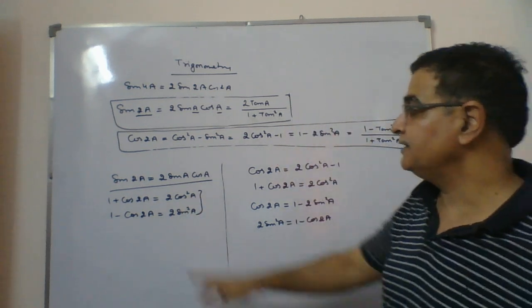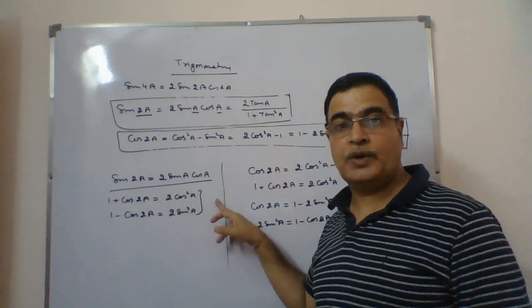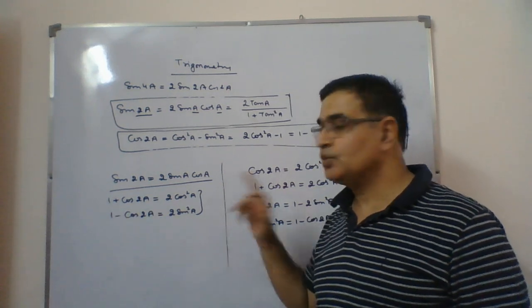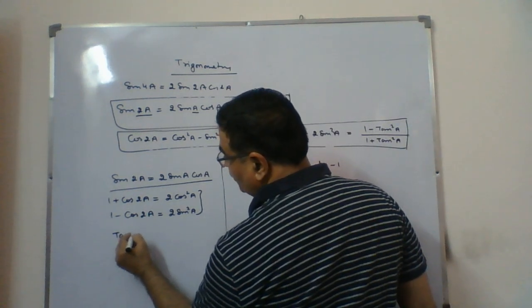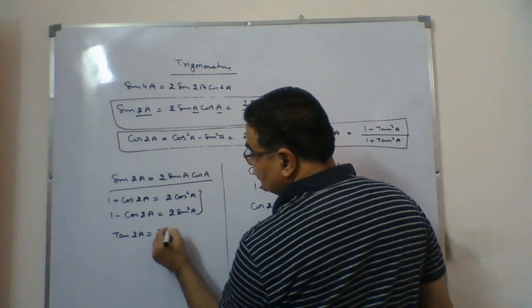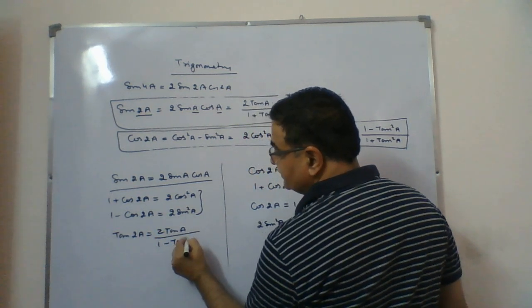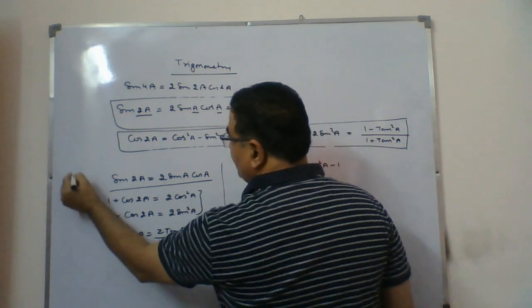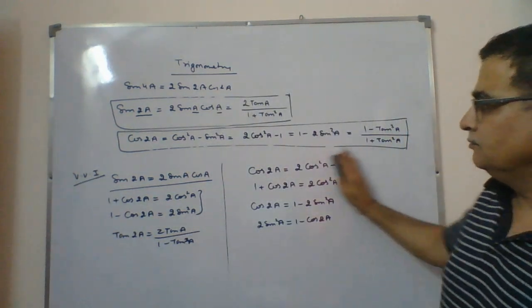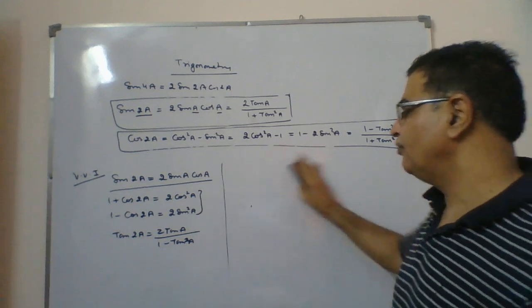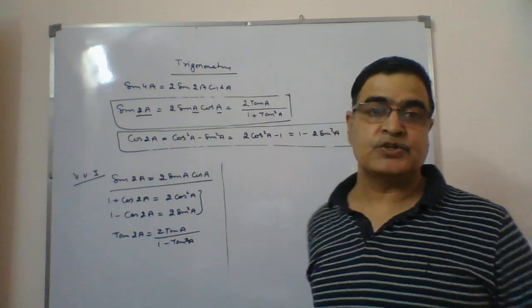So we have the formulas: sin 2A is 2 sin A cos A, 1 plus cos 2A is 2 cos square A, 1 minus cos 2A is 2 sin square A. And one formula we already did: tan 2A is 2 tan A by 1 minus tan square A. These are very, very important results, and most of the questions we will be able to complete using these results only.